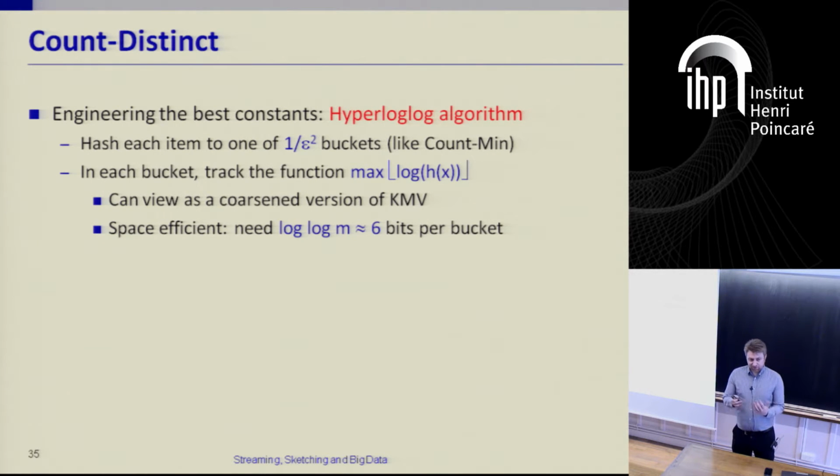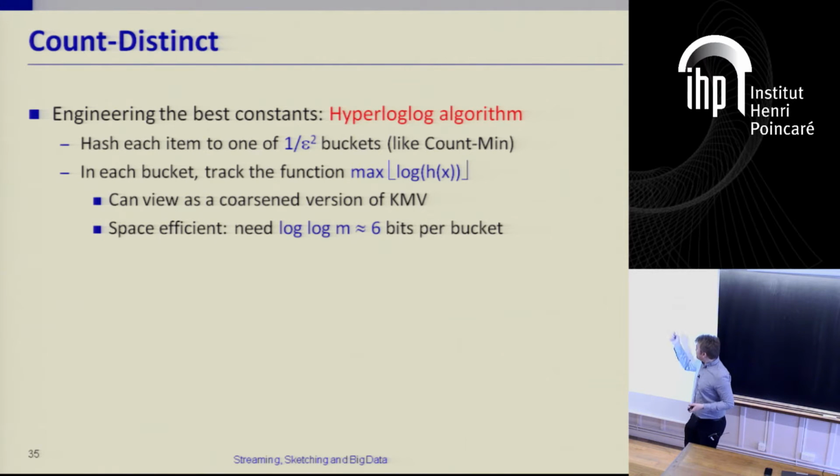They used additional tricks based on hashing, where you hash each element to one of a number of different buckets, and in each bucket you run a version of this algorithm. But instead of keeping the t smallest elements, you just look at the one smallest element, and you don't even track what that element is. You just track the most significant bit of its hash value.